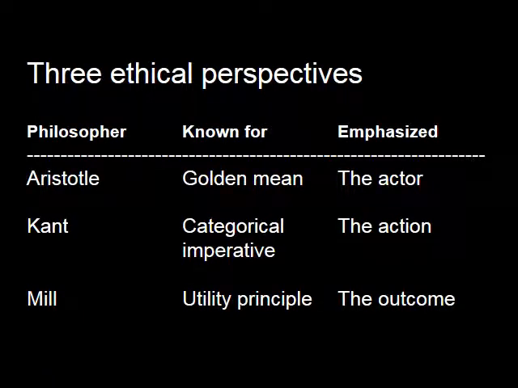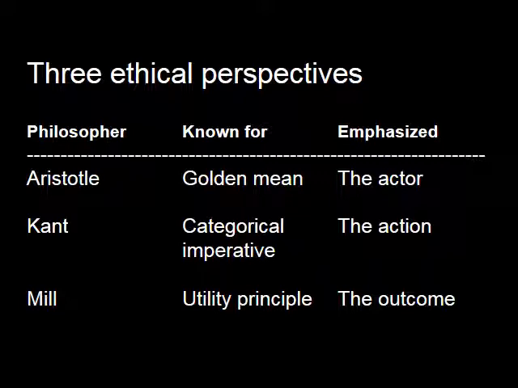Okay. So let's summarize the basic ethical perspectives that we've talked about. Okay, the focus on the individual, the action, and the outcome. So Aristotle, the golden mean, this is virtue ethics that focus on the actor. Then we've got Immanuel Kant and the categorical or moral imperative, and these are theories that focus on the action and the duties.